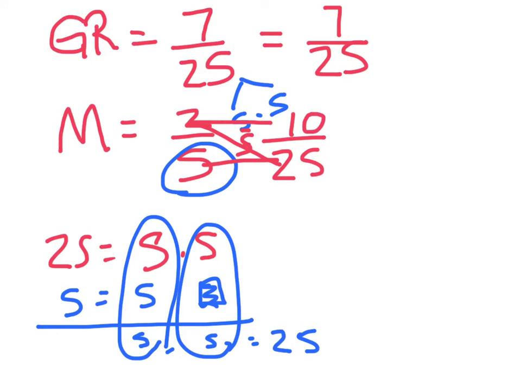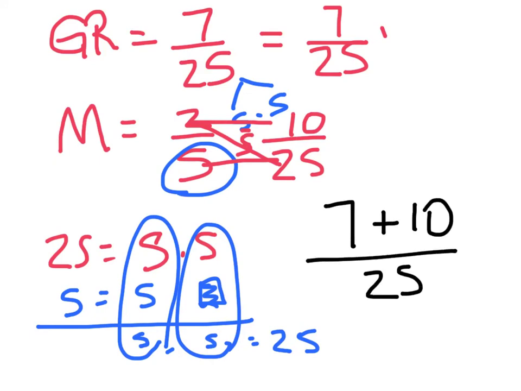So we're going to add, as it shows, 7/25 with 10/25. I'm going to write that 7 plus 10/25, which equals 17/25 of the dogs were either golden retriever or mixed breed.